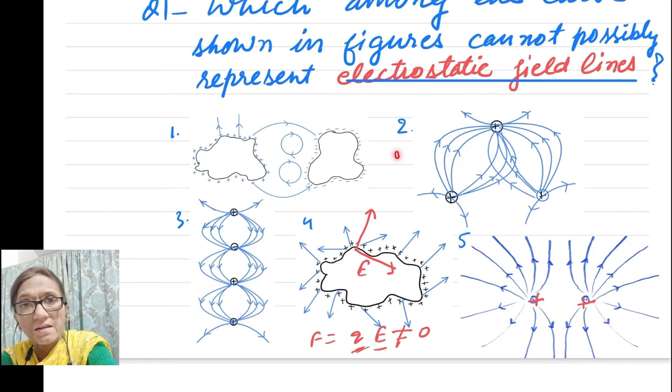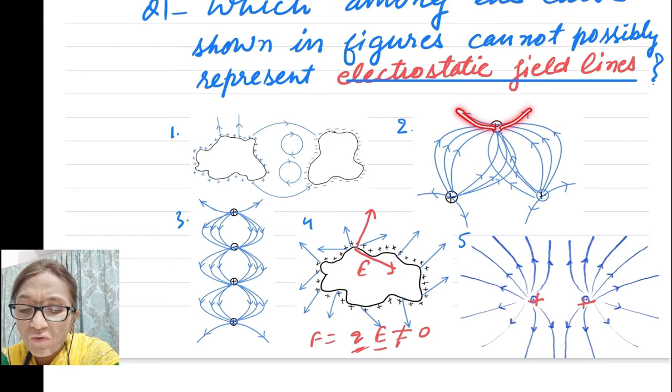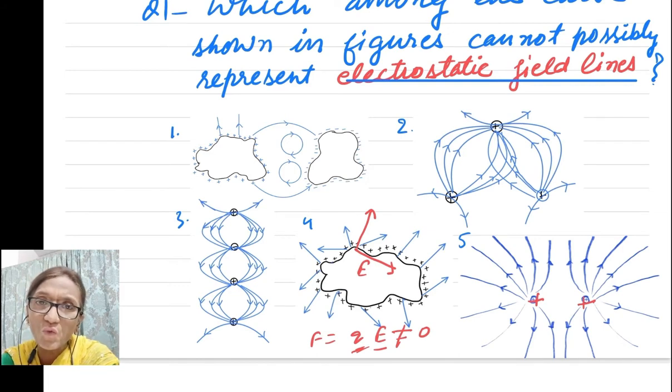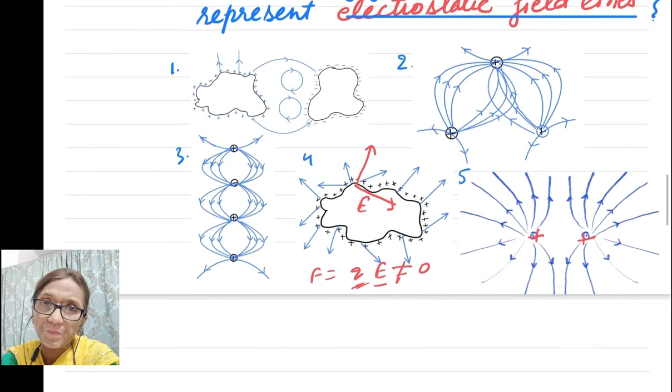You know that an electric field line starts from a positive charge and goes away from it. So here electric field lines are going away, but on this curve you will find that it is going towards the positive charge. That is not possible. Field lines always come out from the positive charge. They do not go towards the positive charge. So option 2 also is wrong.